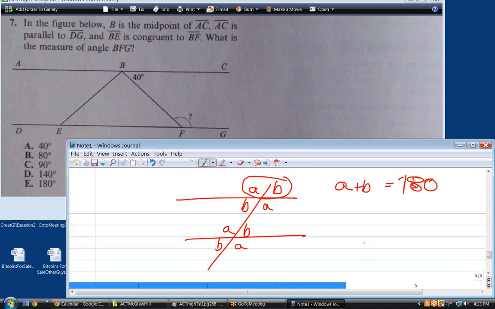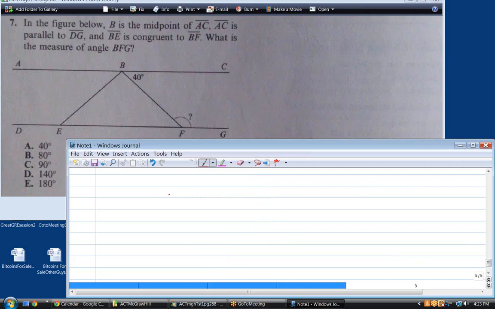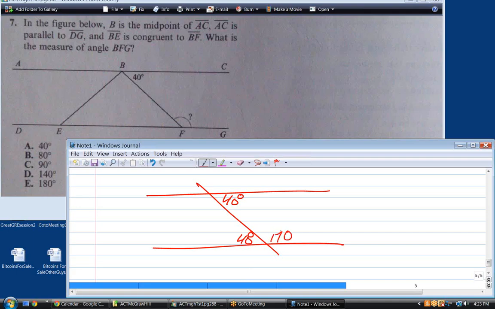So in this case, they gave us two parallel lines and this transversal. So I know that that 40-degree angle is the same as this 40-degree angle, which makes this 140.